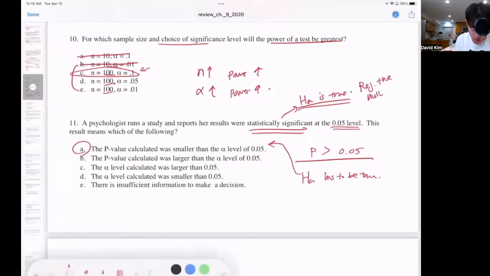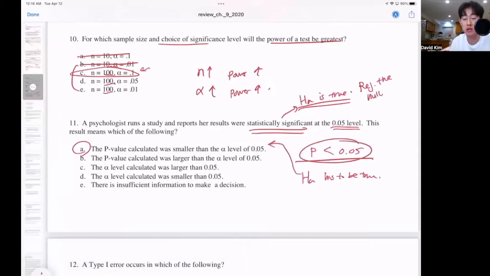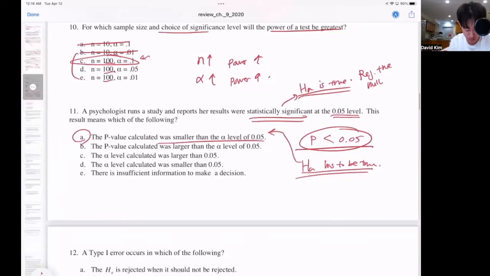In order to get that, we need to make sure that the null hypothesis is rejected if the p-value is less than the alpha level here. So we say the alternative hypothesis is statistically significant once we reject the null, when the p-value is smaller than the alpha level of 0.05.